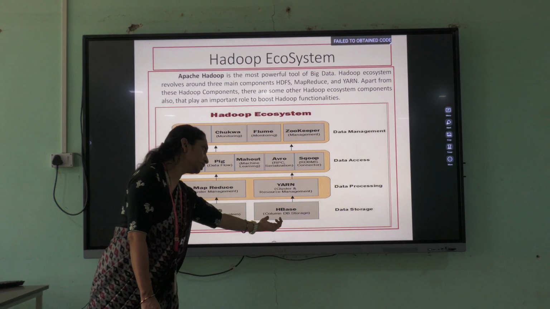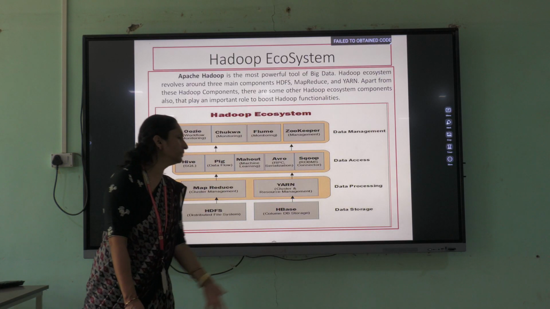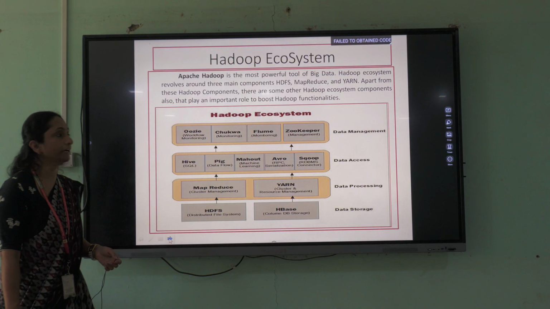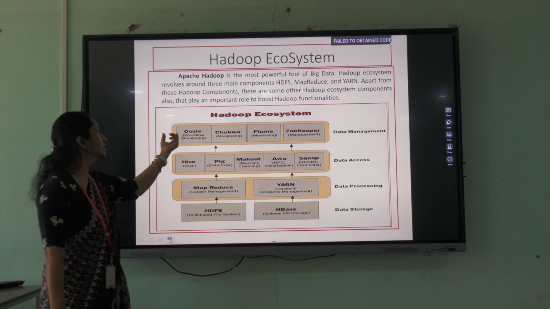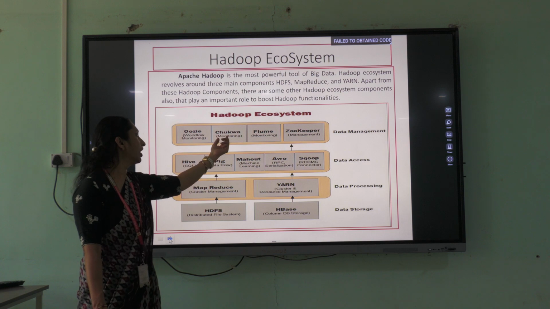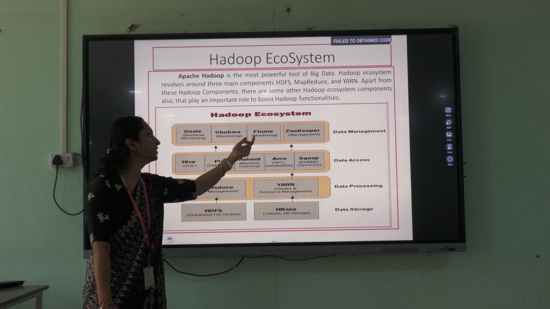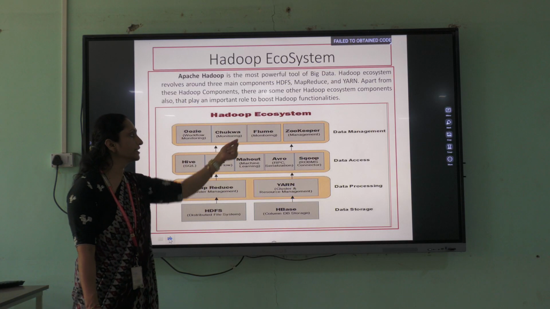This HBase is also similar to the MapReduce and HDFS, but a column structured format is required. So these are all, as I said, Oozie workflow monitoring, Chukwa monitoring, Flume also monitoring. All these jobs get monitored. ZooKeeper is also a centralized monitor.